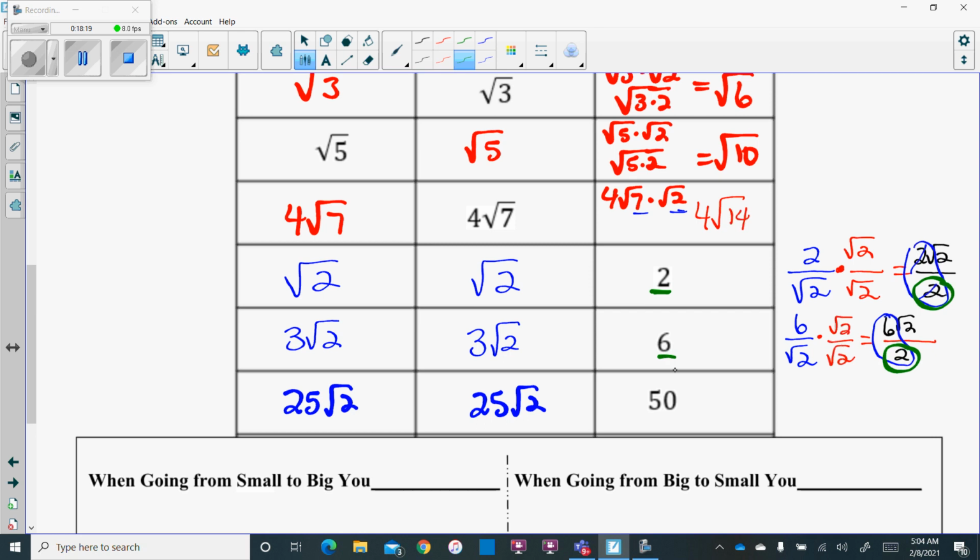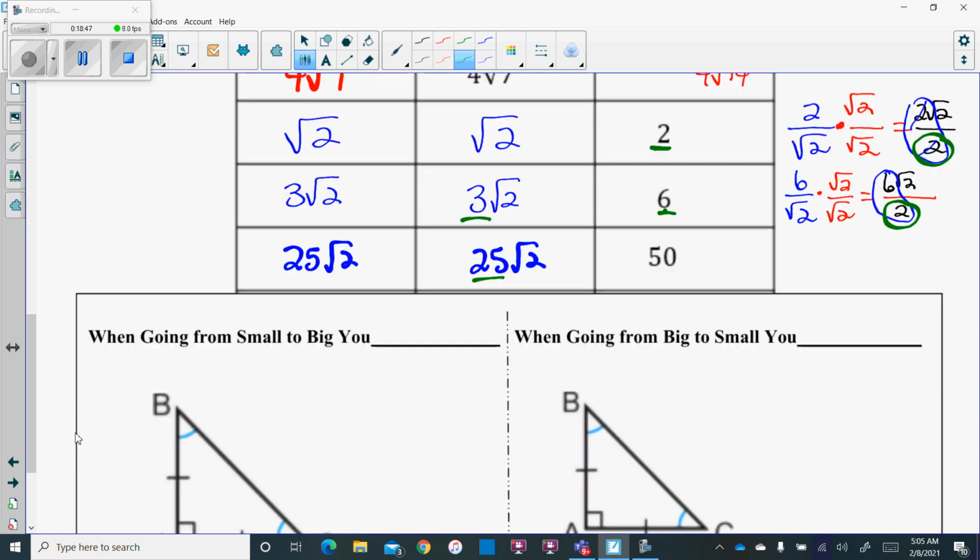So if it's even, then to get my leg, I'm taking half and then putting the square root of 2. Like half of 6 gives me 3 root 2. Half of 50 is 25 root 2. So if it's even, you just take half. But if it's odd, then it's going to end up being rationalized, and you're going to have a radical answer, a fraction answer.